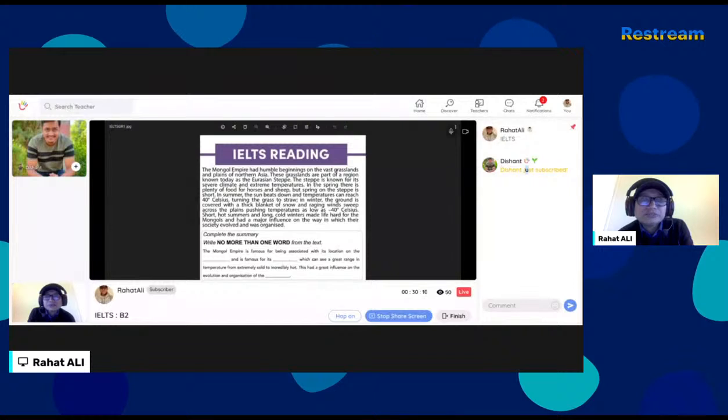In winter, the ground is covered with a thick blanket of snow, and raging winds sweep across the plains, pushing temperature as low as minus 40 degrees Celsius. Short, hot summers and long, cold winters made their life hard for the Mongols and had a major influence on the way in which their society evolved and was organized.